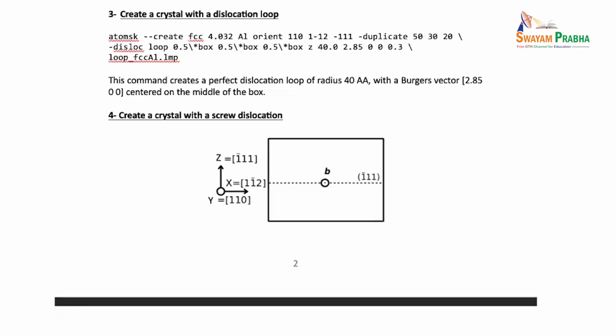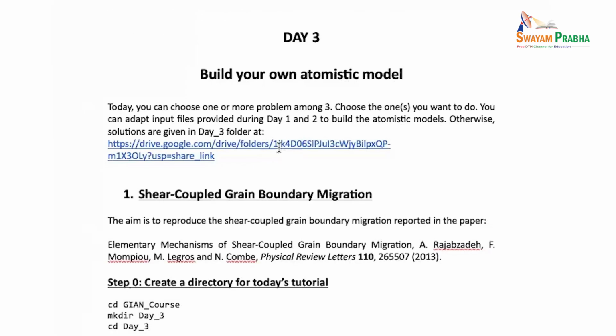Since I didn't really know where you were coming from and what your interests were, for today, the third day, I thought to propose three different exercises, and you can do just one or several. The first exercise is on a grain boundary.